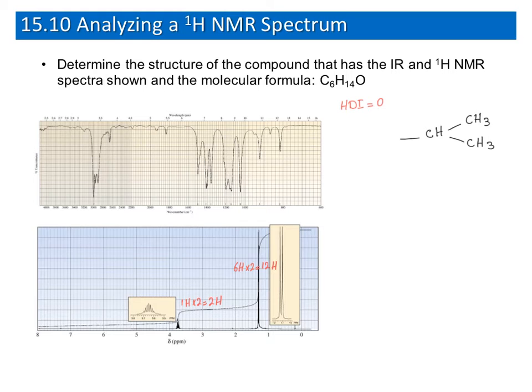So this hydrogen is connected to the carbon, and on its neighboring carbon, it has 6 equivalent hydrogens. So 6 plus 1 is 7. So this one should be a septet, which is right here.